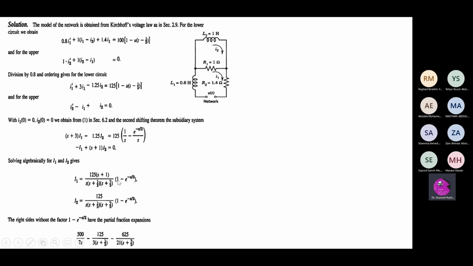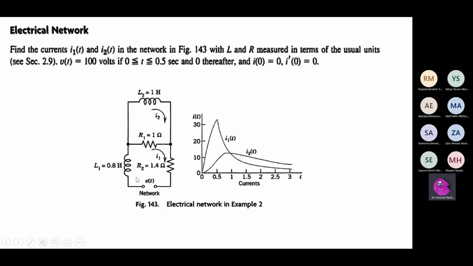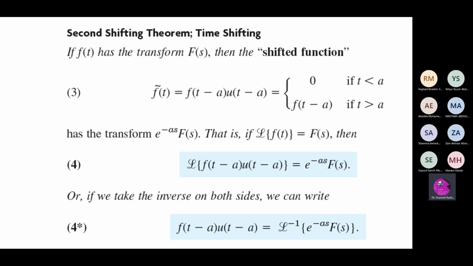This one multiplied by 1, I have no problem, and I can use partial fractions to get the Laplace inverse for this one. What about if I multiply by e to the minus as? Yes, here is the formula.